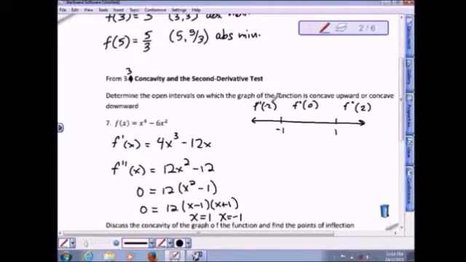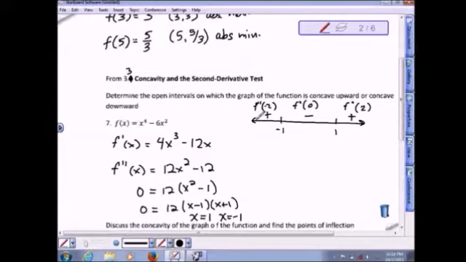So if -2 is plugged into the second derivative, -2 squared is 4, minus 1 is 3, times 12, that's a positive value. But if 0 is plugged in, 0 squared is 0, minus 1 is negative, times 12, it's a negative value. And then here 2 squared is 4 minus 1 is 3 times 12, it's a positive value.